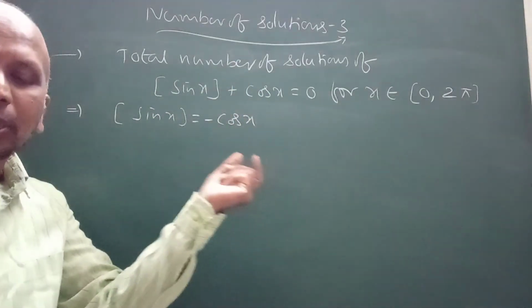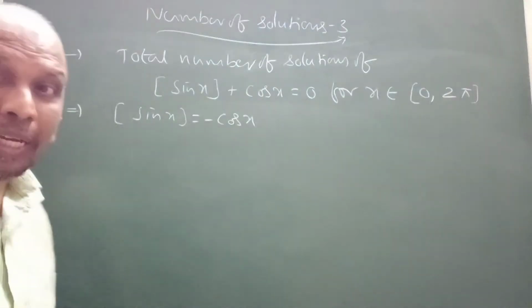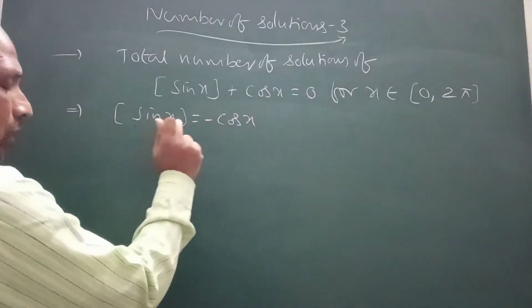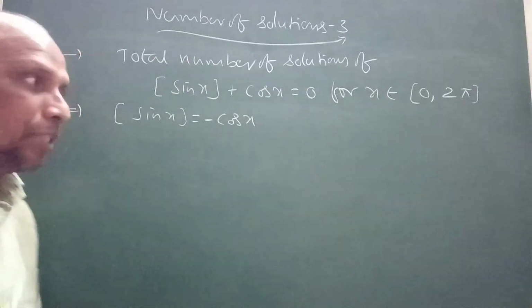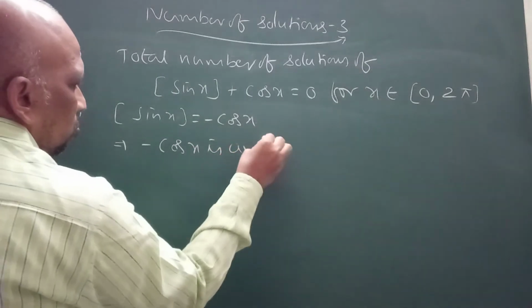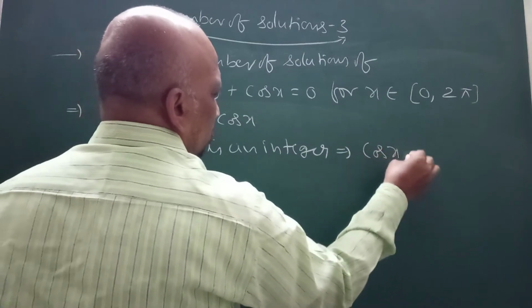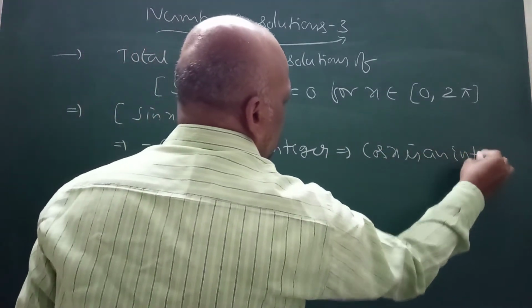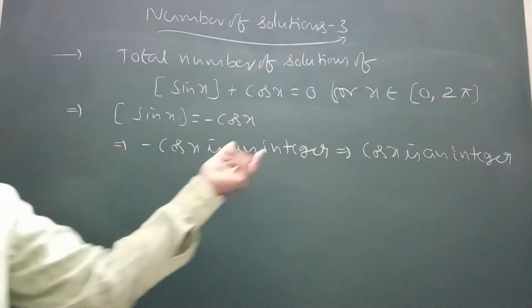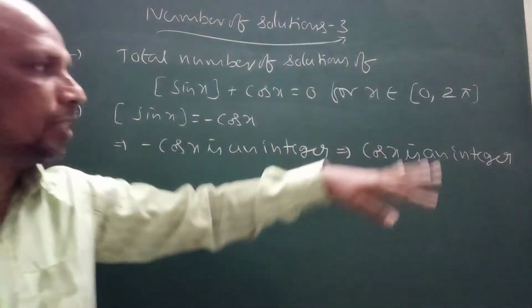So definitely minus cos x should be an integer, because the step function's output is an integer. Real solutions exist when minus cos x is an integer, so cos x is an integer.